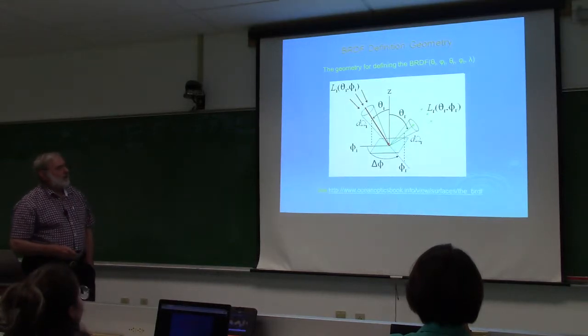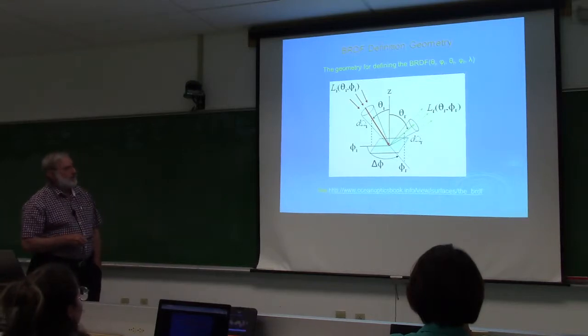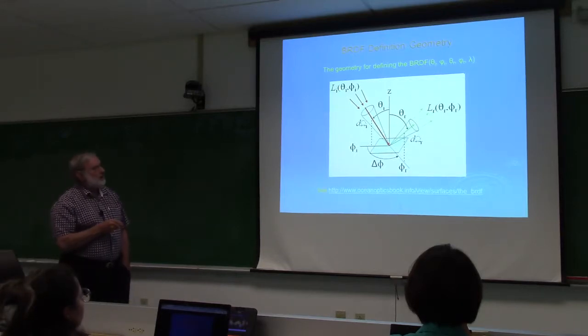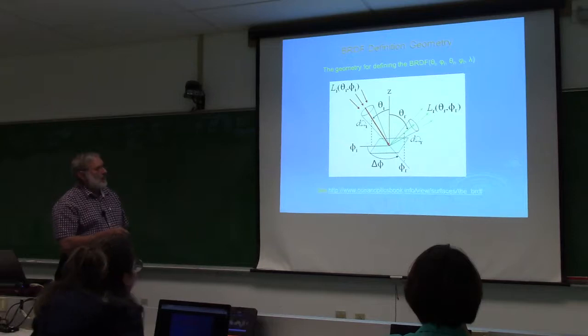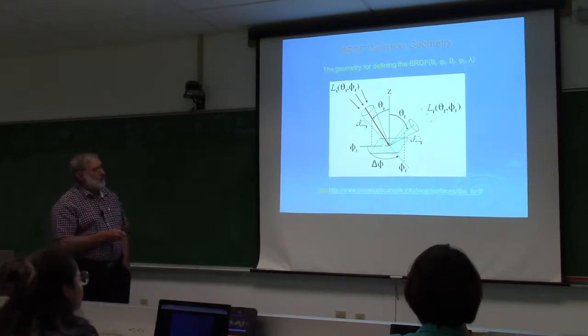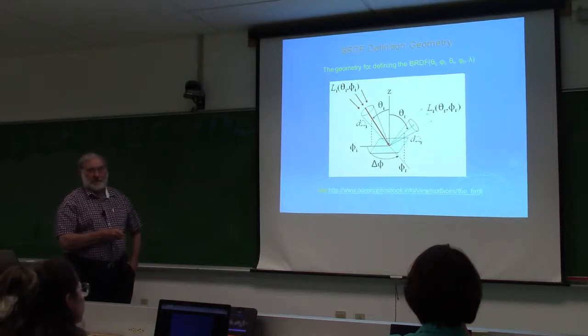Okay, so the geometry for how the BRDF is defined is this. So we've got some surface here which is kind of colored in green. We're going to have incident radiance coming from some direction, theta_i and phi_i in some coordinate system here. And so that radiance is going to come in, hit the surface. It's going to be reflected off into some other direction and some amount of radiance into some solid angle over here.